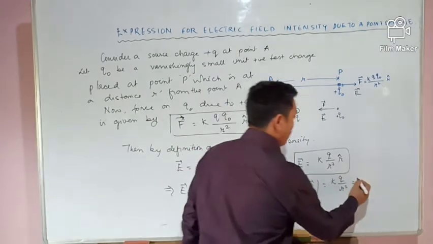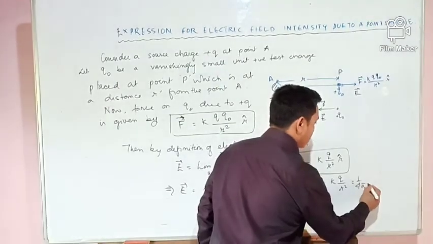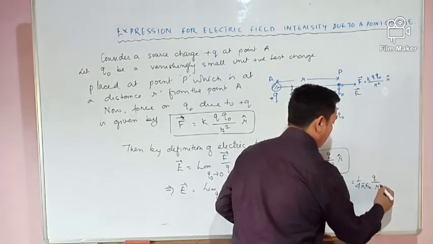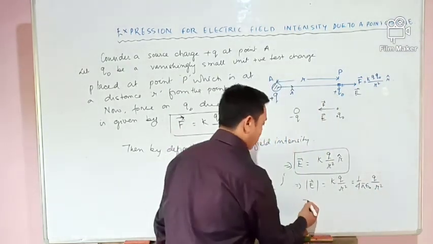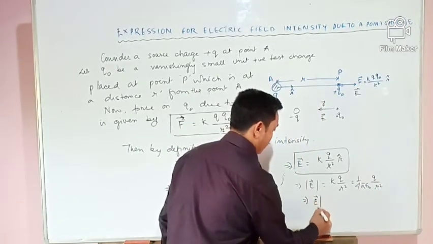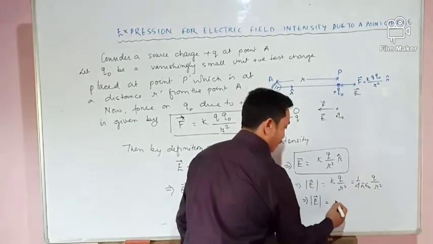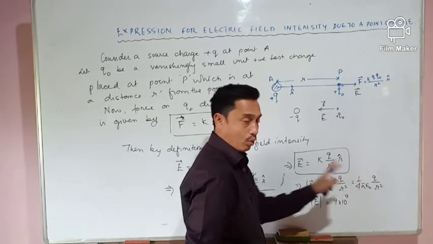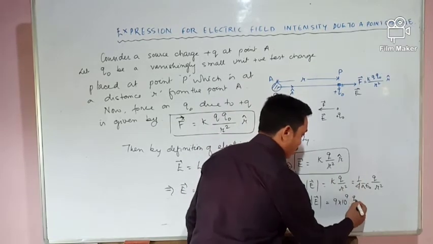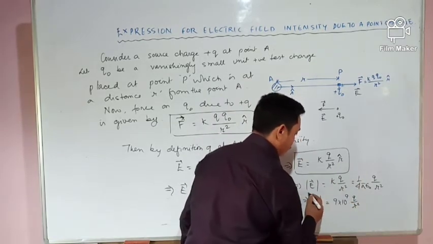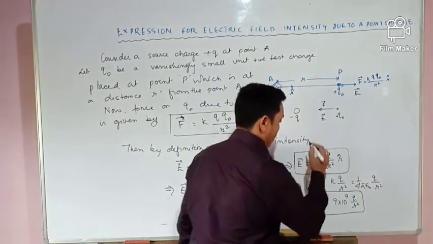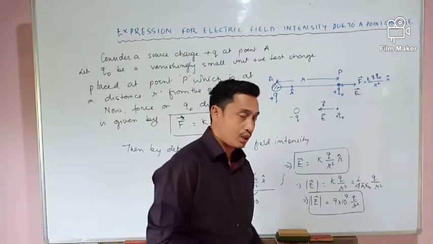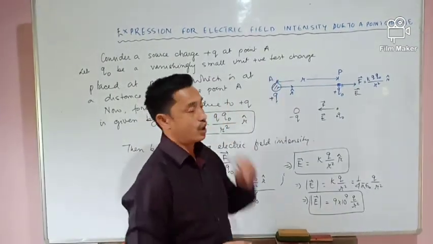Also we can write 1 by 4 pi epsilon naught Q by R square, and the value of K is 9 into 10 power 9. These are the different forms of the magnitude of electric field intensity due to a point charge.